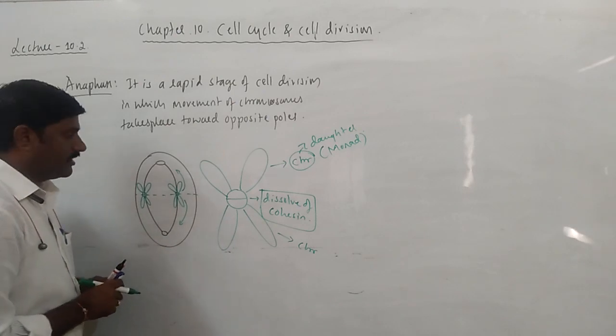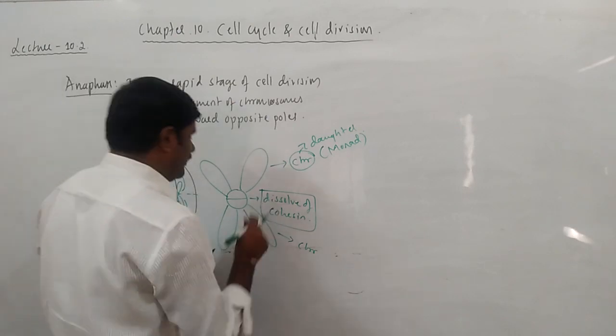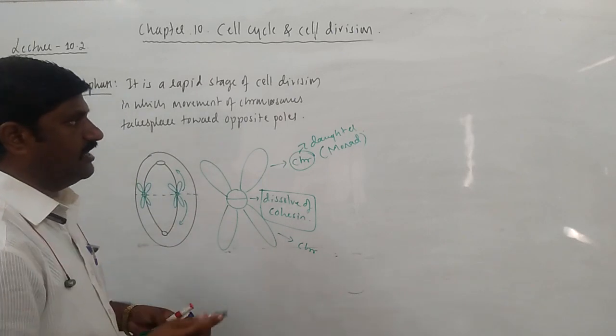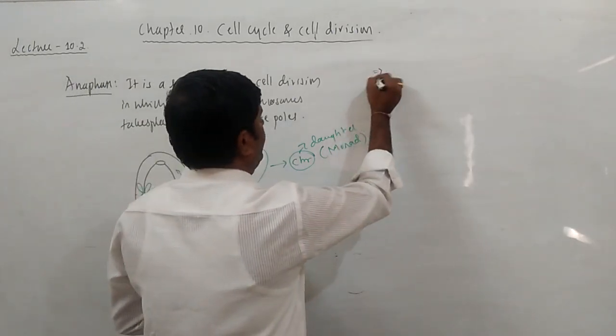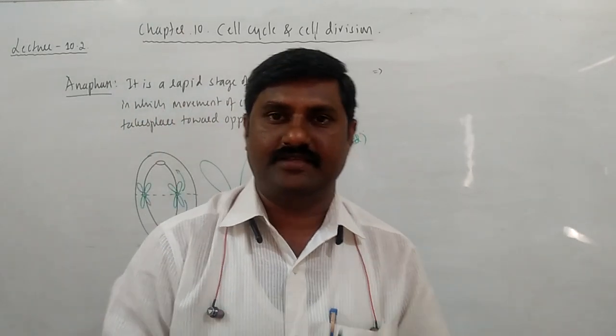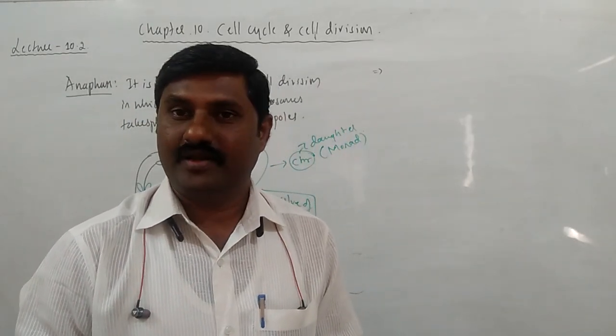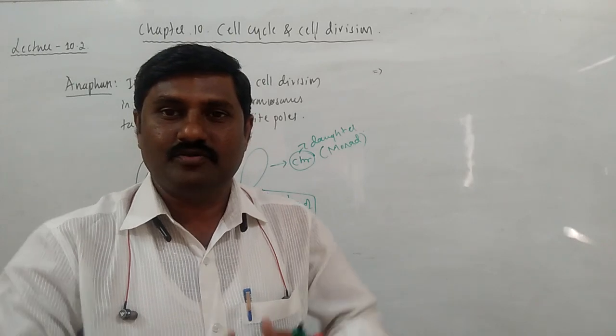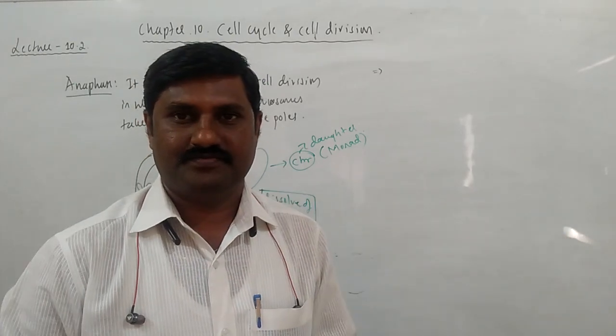So chromosomal fibers are there as well as spindle fibers, to which the chromosomes are attached. Now what happens? The chromosomes are pulled apart.